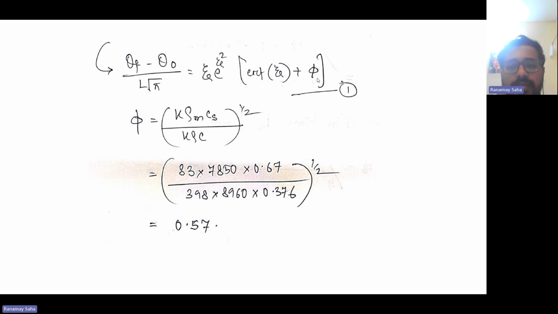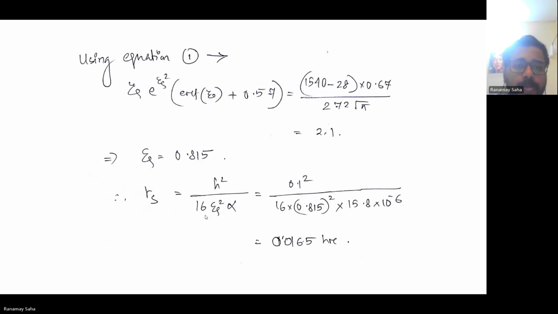This is the new term which comes in when you consider the mold resistance. So phi is determined as K rho C for mold to K rho C for casting. You just plug in the values for all those variables, and you find out phi is 0.57.